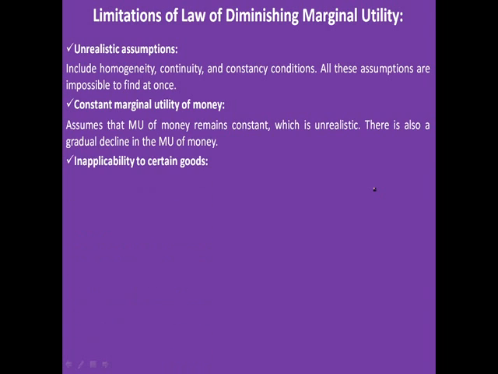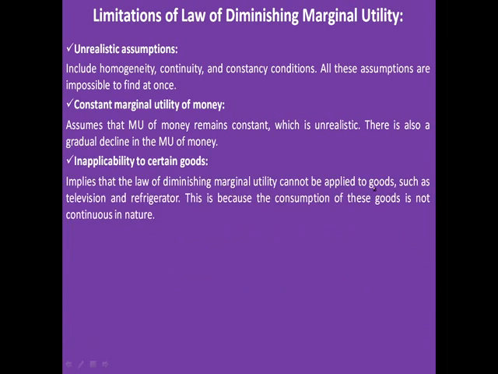So there is another limitation of this theory. Now, inapplicability to certain goods. It implies that the law of diminishing marginal utility cannot be applied to goods such as televisions or refrigerators. This is because the consumption of these goods is not continuous in nature. Our law is based on the continuity of consumption.